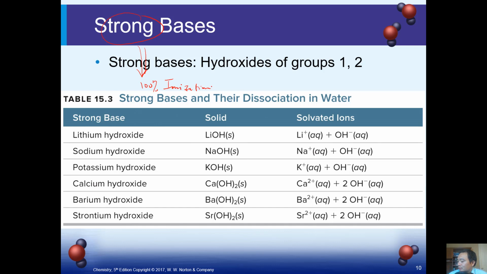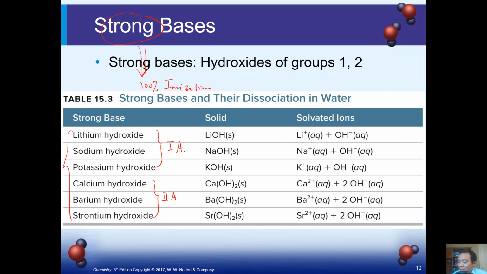That's it. We have many strong bases, but most of those bases actually come from group 1A and group 2A metal hydroxides. As you see, we have listed 6 of them over here. If you look at your periodic table, actually we have a lot more. Look at here, this comes from group 2A, and this comes from group 1A.